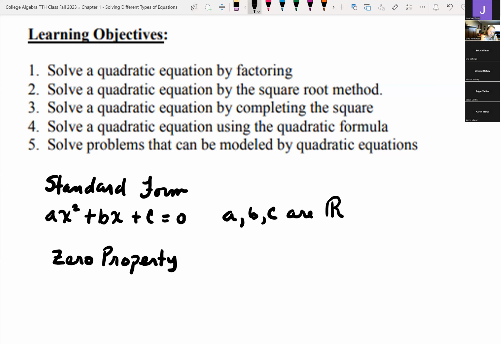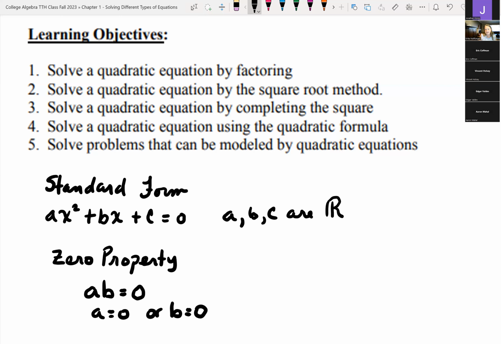For instance, if a times b is equal to 0, then either a equals 0 or b is equal to 0. When we're solving using factoring, this is the property that we're using.